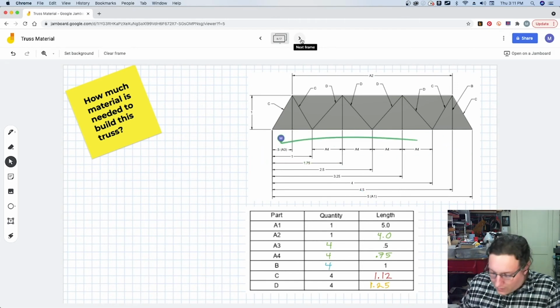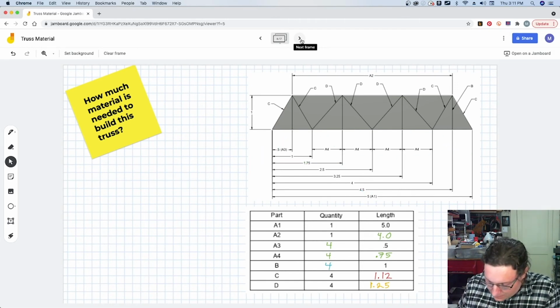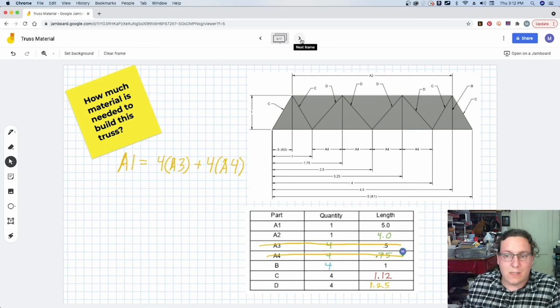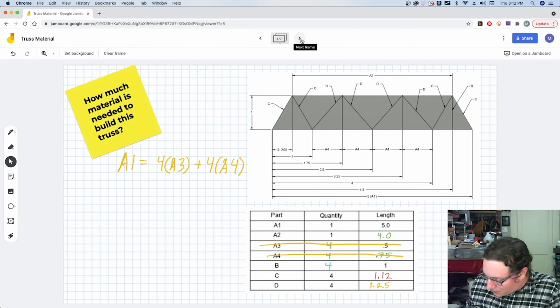So A1 equals all 4 of the A3 values plus the 4 A4 values. Okay? So we actually get to ignore that information. We don't necessarily need to include it. It's good that we have it. We're not throwing away information. We're just basically saying, I don't need it for the actual calculation.